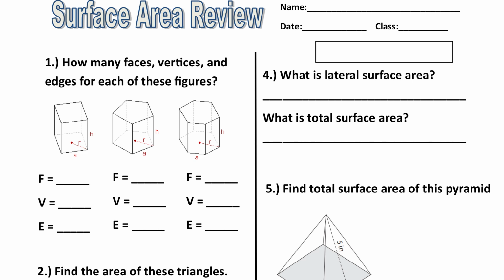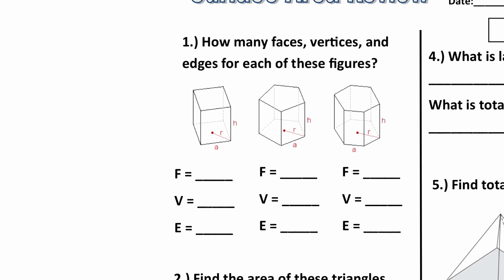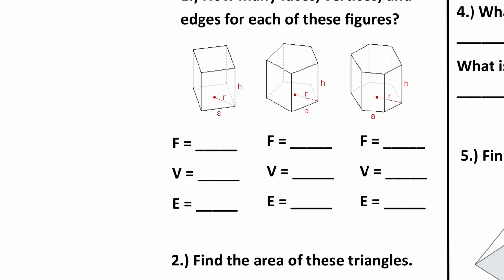So, bases, vertices, edges, one of the first things we did in this unit. The number of faces: how many flat sides does this thing have? 6 planes. That's the number of planes, whether it's a square, a triangle, pentagon, hexagon, whatever. Vertices are corners. How many corners does this have?